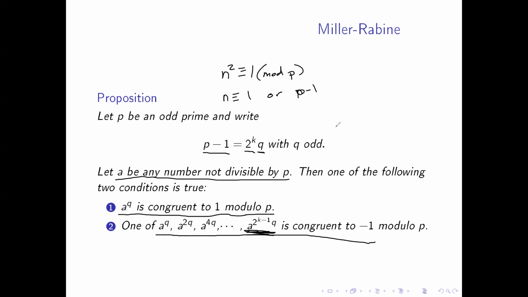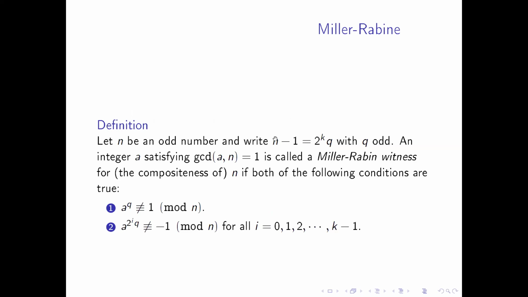All right, so this idea is going to be the basis of the Miller-Rabin test. We're going to take any odd number n. It has to be odd because we're talking about a large number and we want to know if it's prime. I look at n minus 1 equals 2 to the s times q.